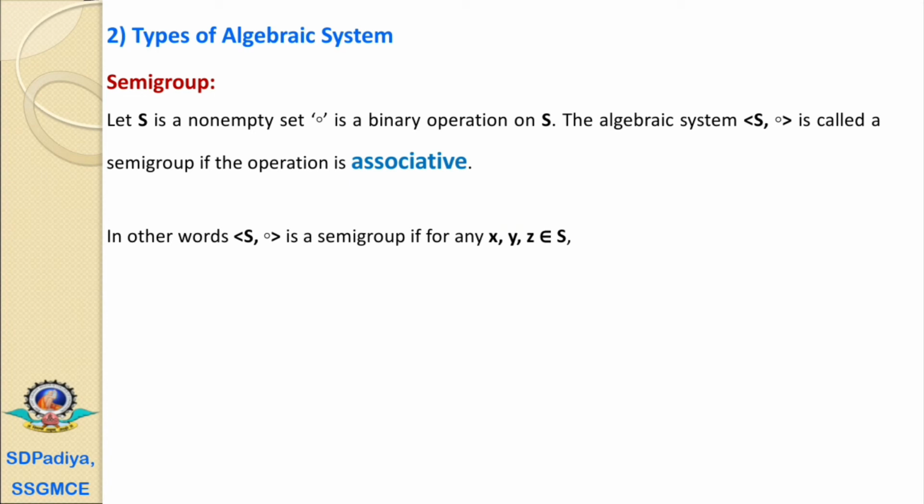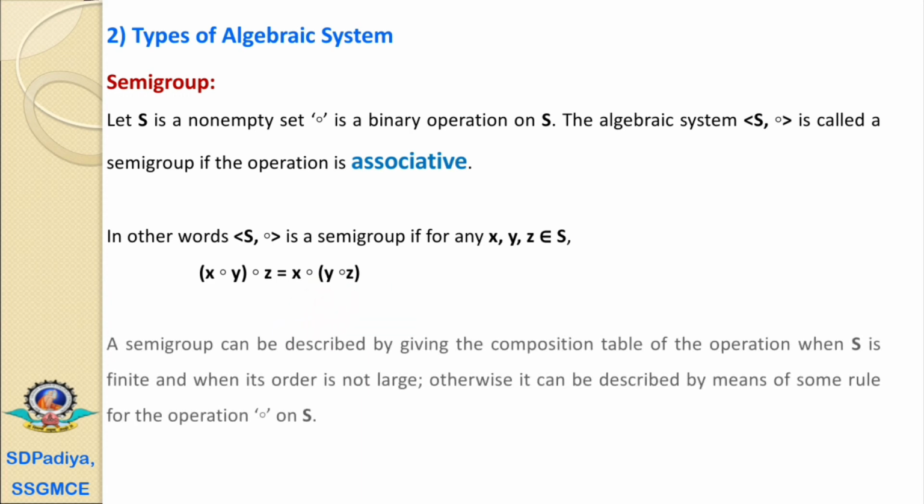If the operation is associative, then we call it a semi-group. In other words, this algebraic system is a semi-group if for any three elements x, y, z belonging to the set capital S, (x composition y) composition z is equal to x composition (y composition z).